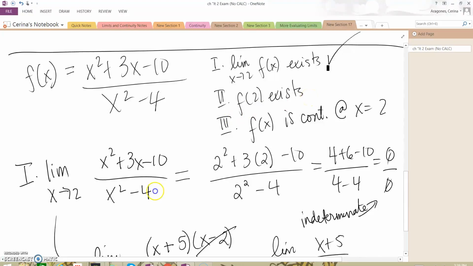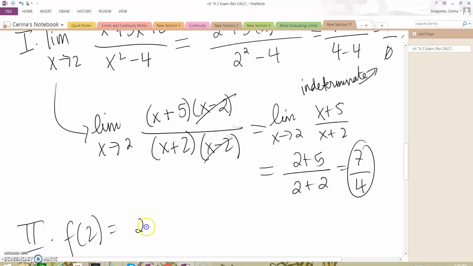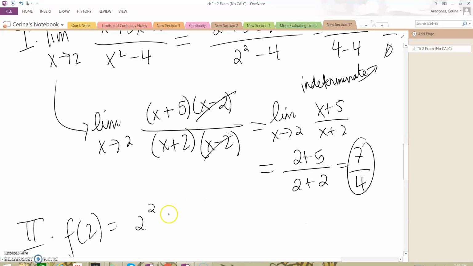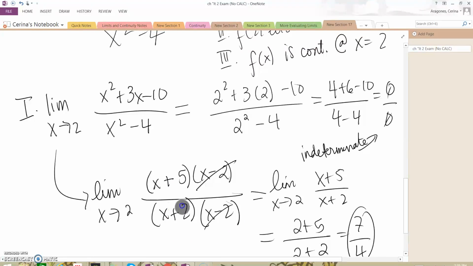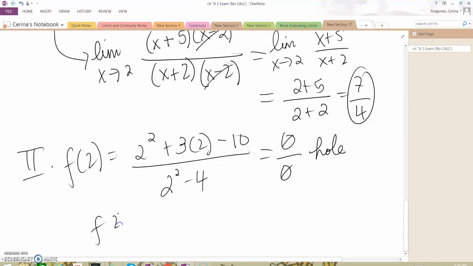Does f of 2 exist? f of 2 is just equal to 2 squared plus 3 times 2, minus 10, all over 2 squared minus 4. Well, as we saw already, this is 0 over 0, which is a hole. So f of 2 does not exist.